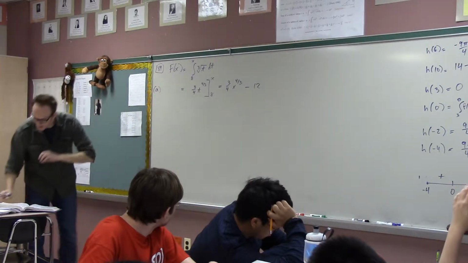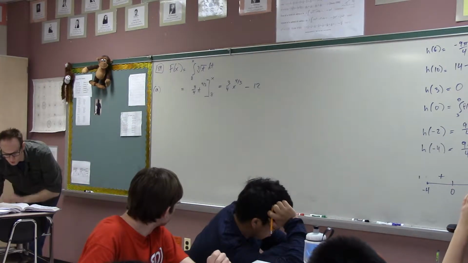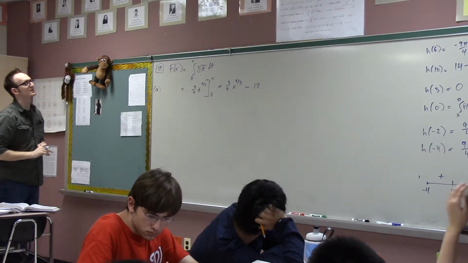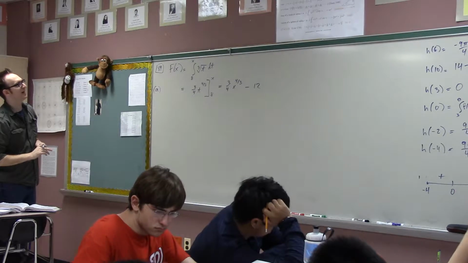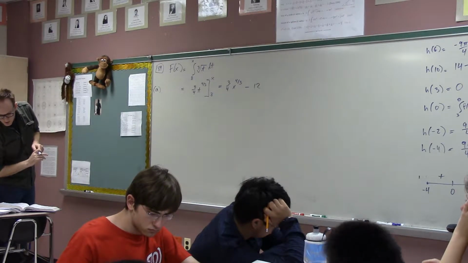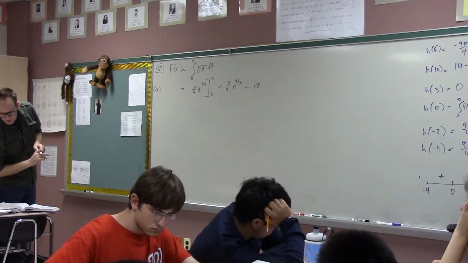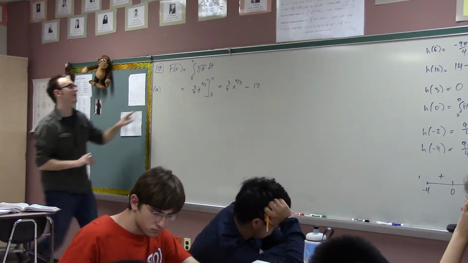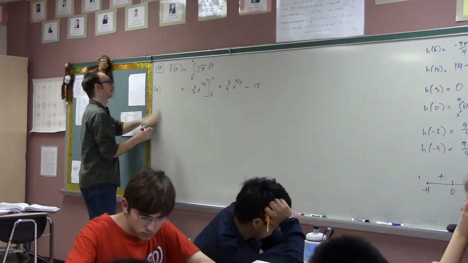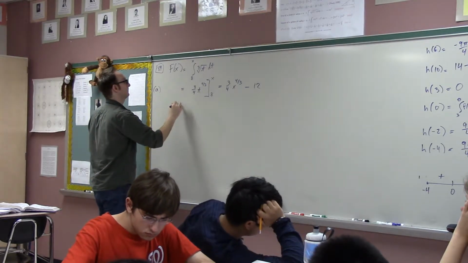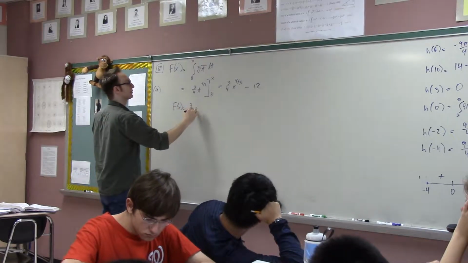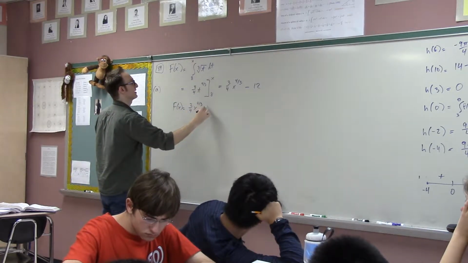And then part B, what they wanted you to do was to demonstrate the fundamental theorem of calculus. So our conclusion from part A is that big F is in fact just the function 3/4 x to the 4/3 minus 12.